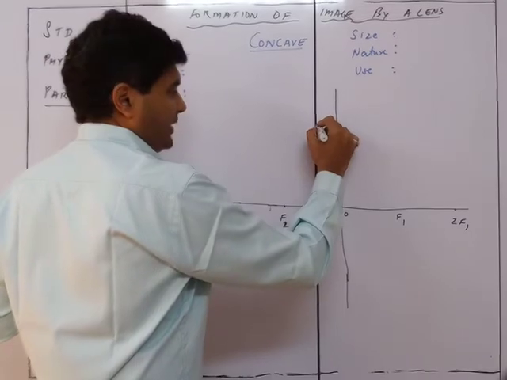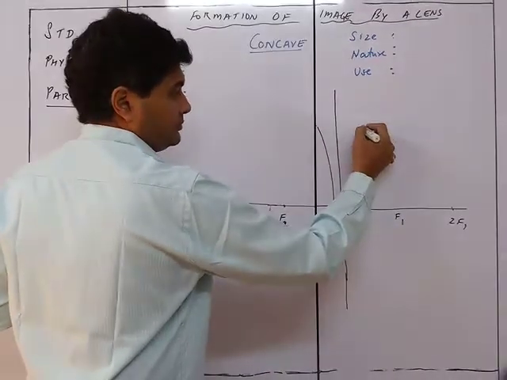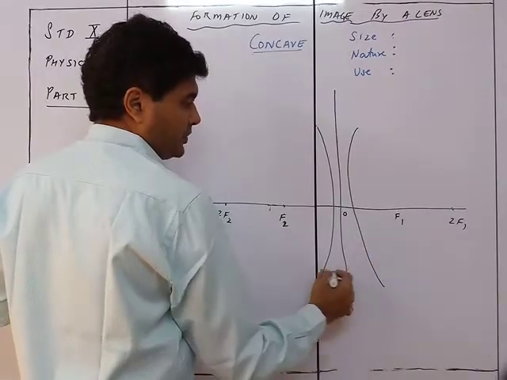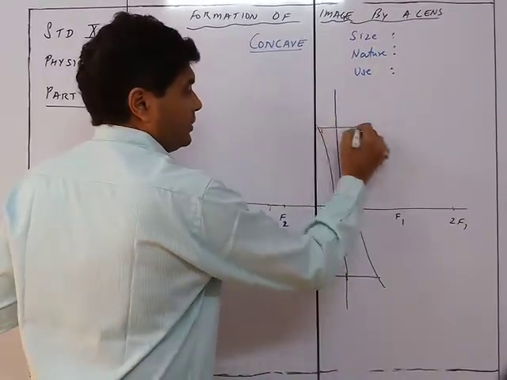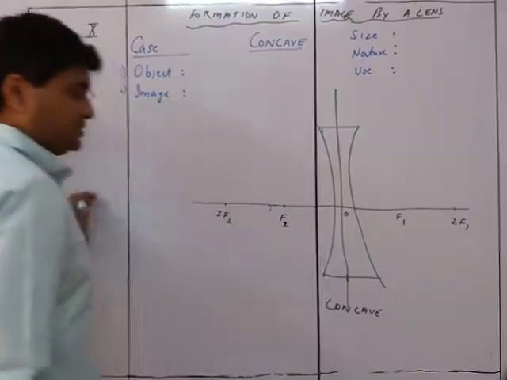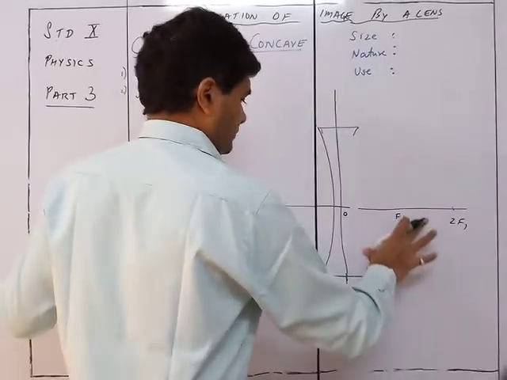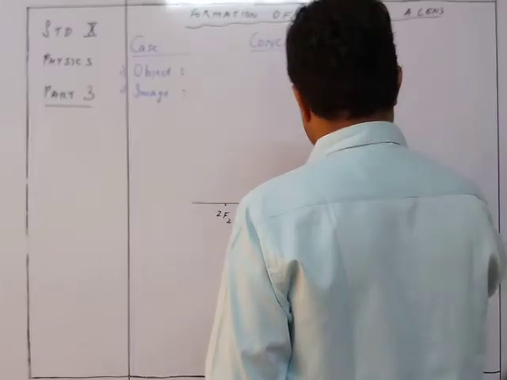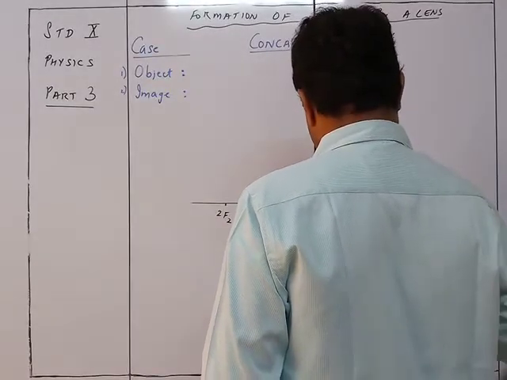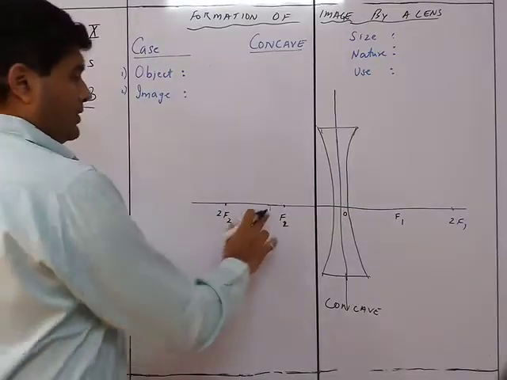So it will be 5.8 का lens इस तरह से, 5.8 यहाँ से इस तरह से. Okay, this is your required concave lens. Okay.